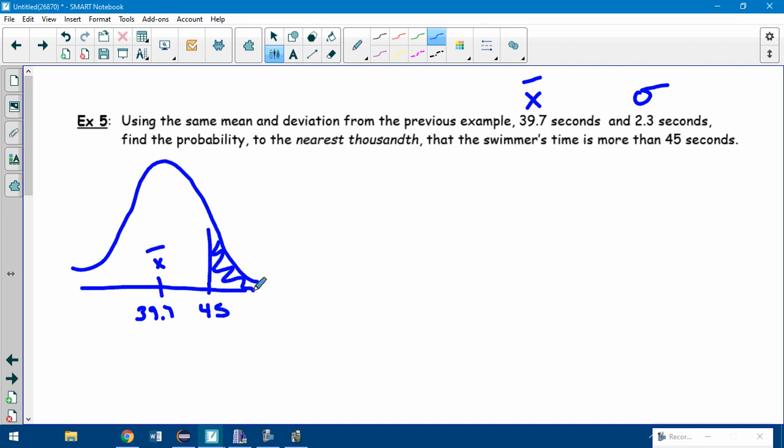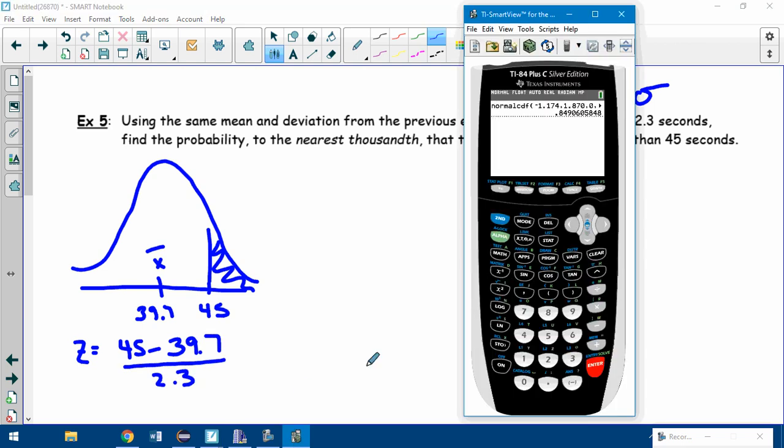The difference here is I've only got one z-score to calculate, for 45. So observed minus the mean over the standard deviation: 45 minus 39.7 divided by a standard deviation of 2.3.